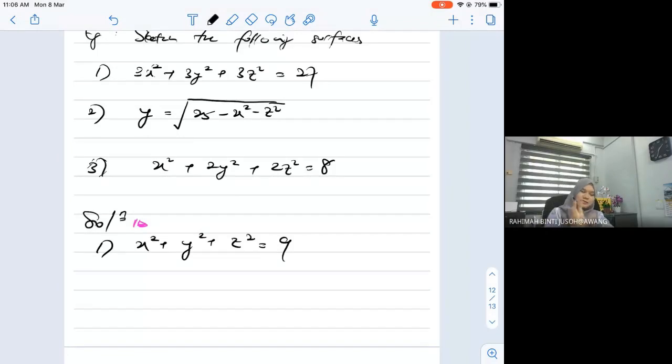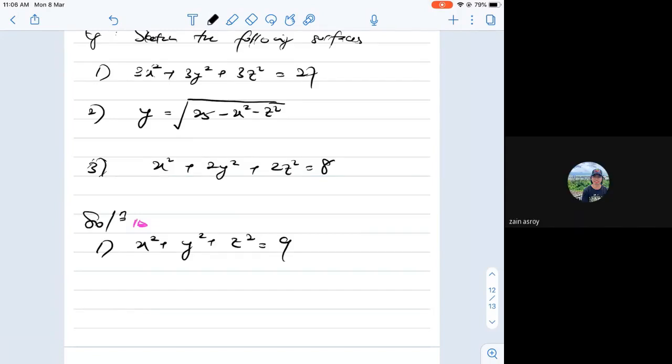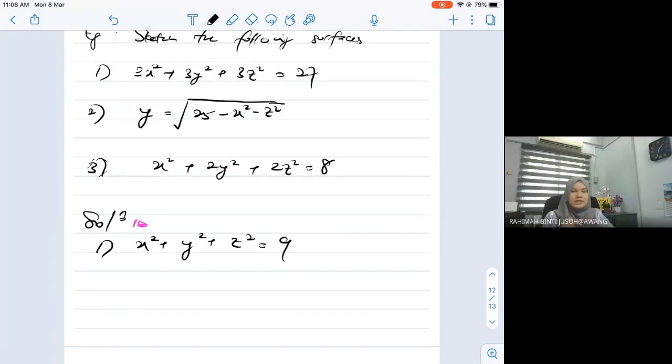Can you notice the difference between this equation dengan equation paraboloid tadi? Dia ada X, Y, Z. Kalau paraboloid tadi, dia ada subjek kat depan, and then dia ada kuadratik lah. Tapi dalam kes ni semua kuasa 2.